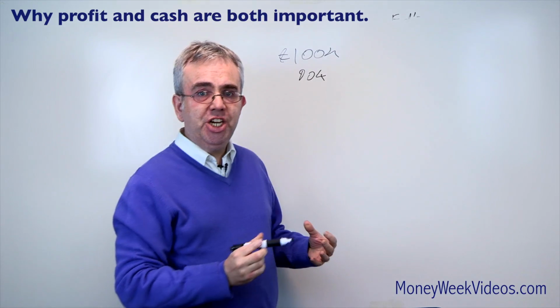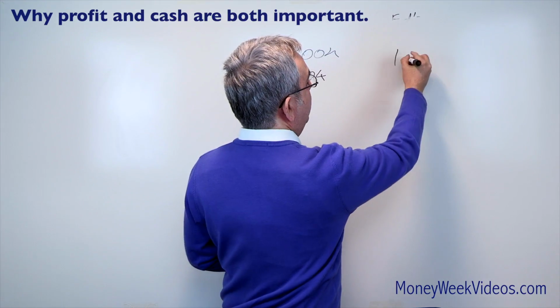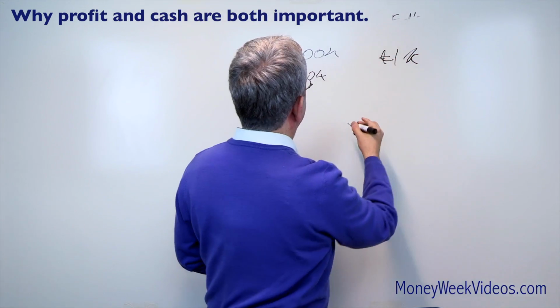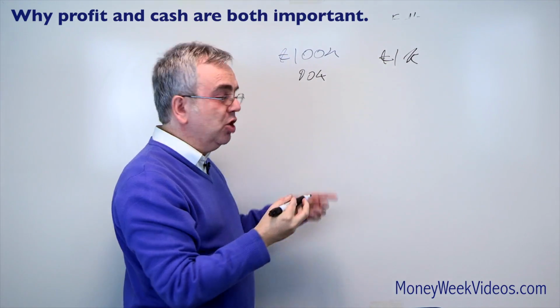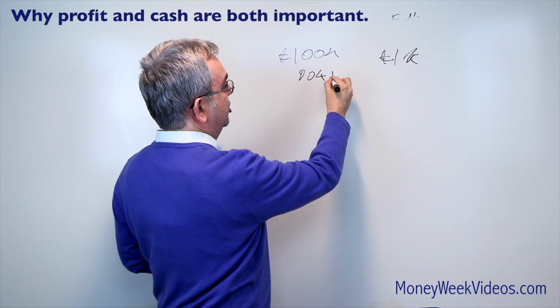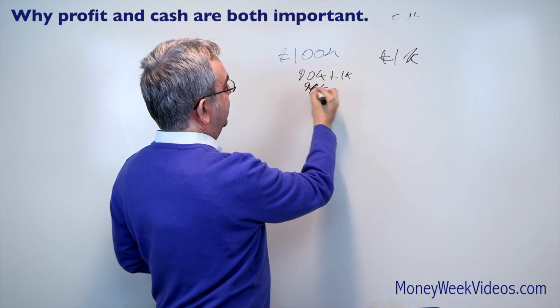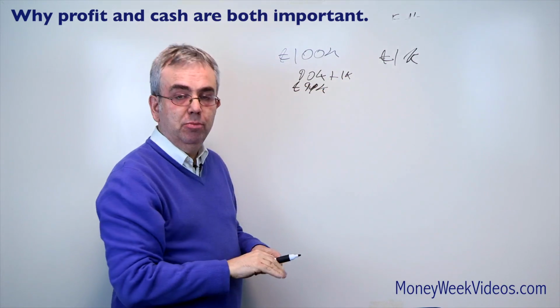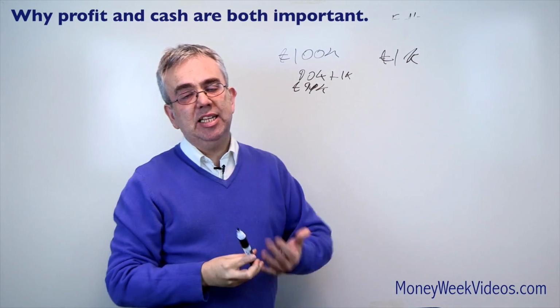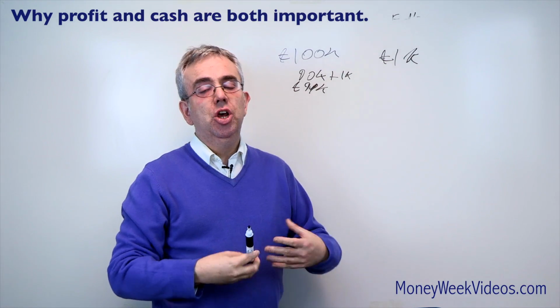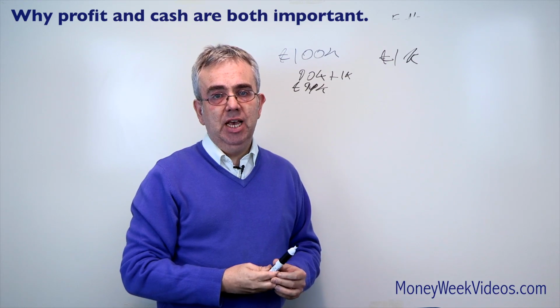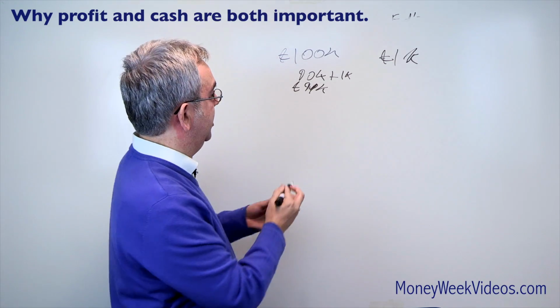So we can depreciate this cost at £1,000 a month. So suddenly the costs for the business are £90,000 plus £1,000, which is £91,000 for the month. And that's because we're depreciating the value of the ovens over a period of 5 years.